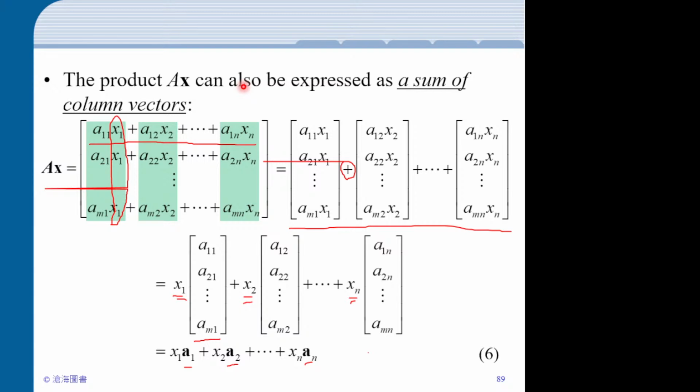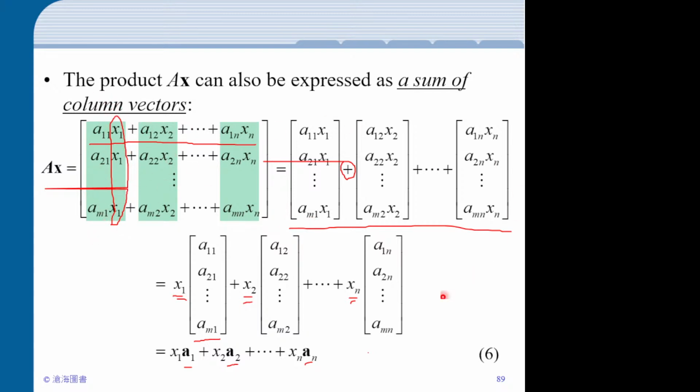Before, we partitioned A into row vectors, and we can also get an interpretation when we partition A into column vectors. Ax is a vector of A and x multiplying together, but we can also see this as a whole bunch of column vectors adding together.